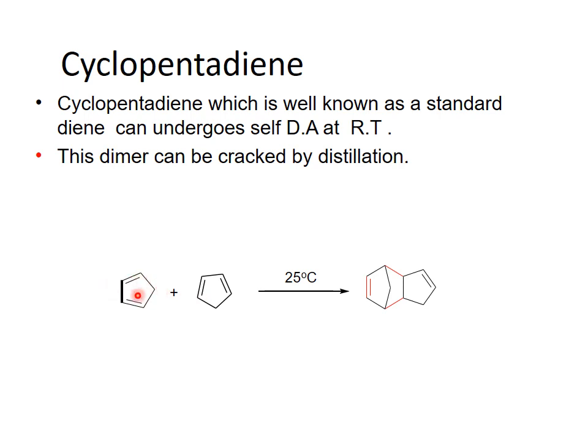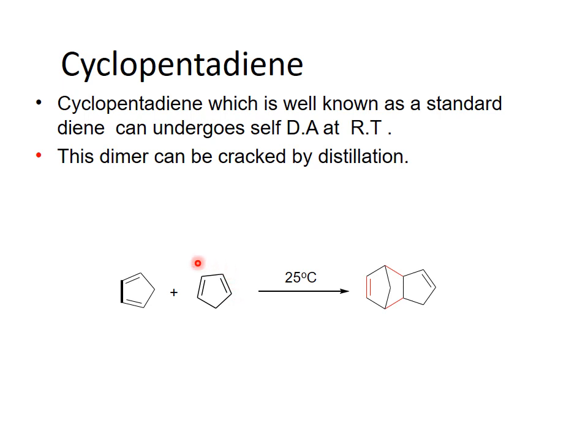So this bond will move inward and this bond will move over here. This carbon will form a bond with this carbon, and this bond will move forward over here, and then this carbon will form a bond with this carbon. When this bond moves inward, then electrophilicity is created over this carbon atom. Okay, see this red bond.